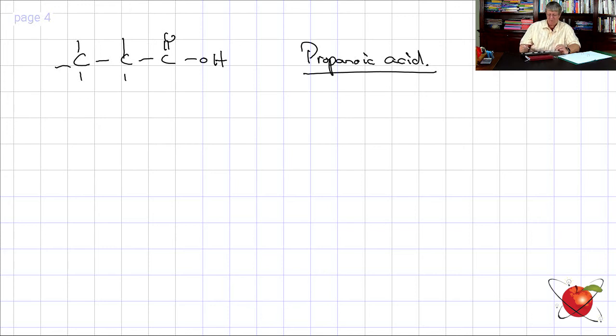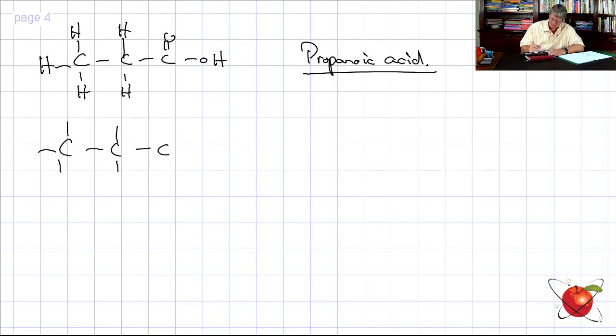The next step with propanoic acid is to form the acid portion. So the hydrogen gets given off. Well, which hydrogen gets given off, guys? Actually, it's this one. Anybody want to guess? I'll come back to that.